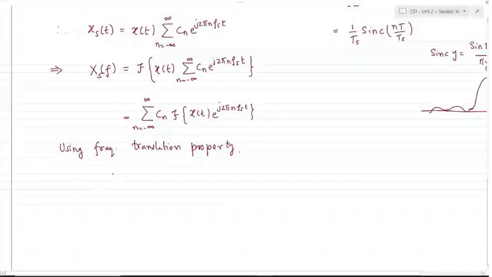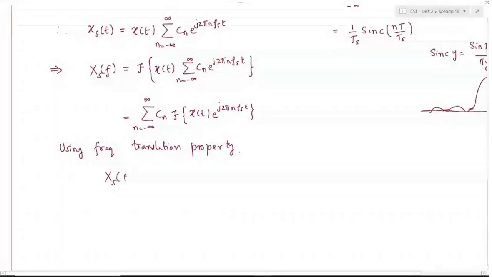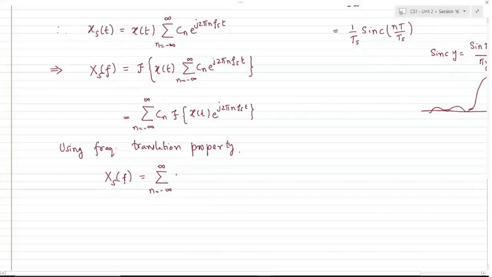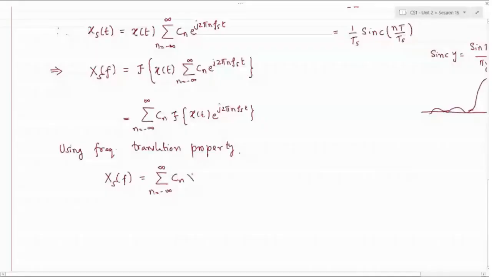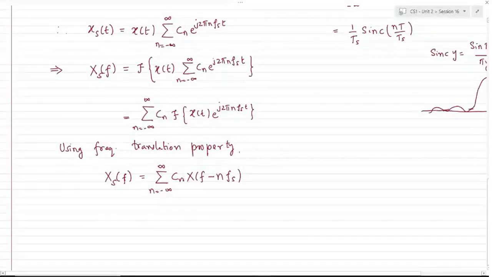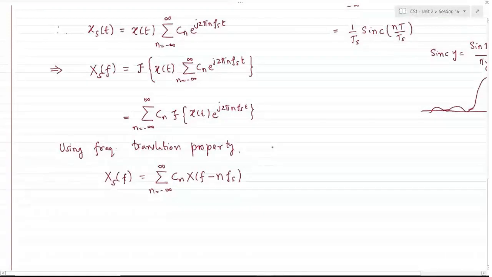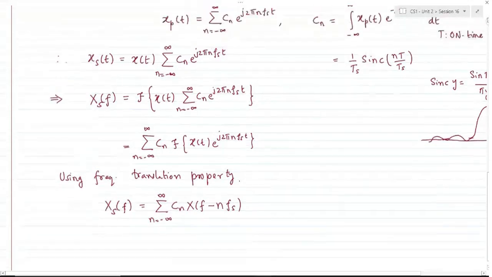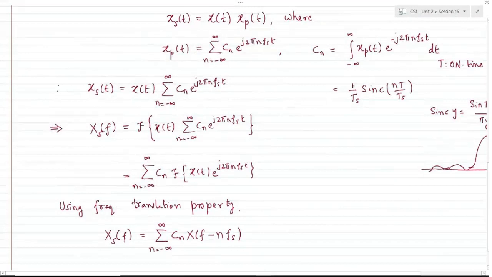Using this, I can write Xs of f simply as summation n minus infinity to infinity Cn, x of f, but all shifted versions of n fs. It looks exactly similar to our ideal sampling case, but the only difference is in their amplitudes, because Cn, as I had written earlier, has an amplitude of 1 over Ts, sinc of n Tau over Ts.